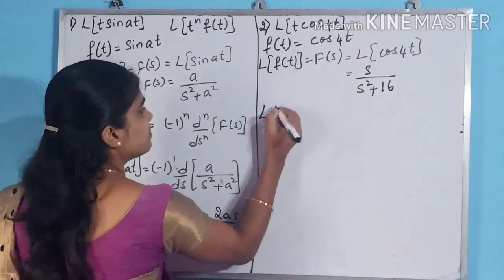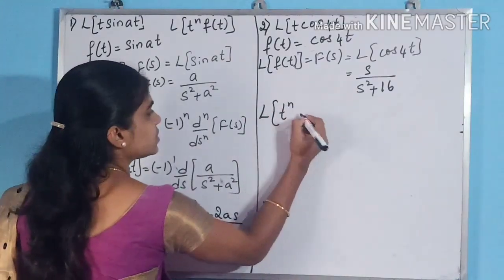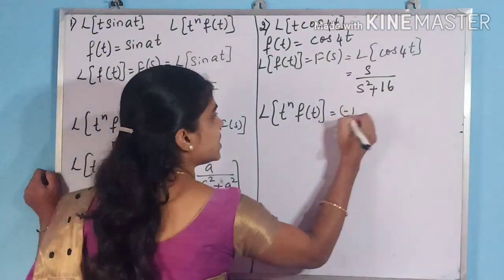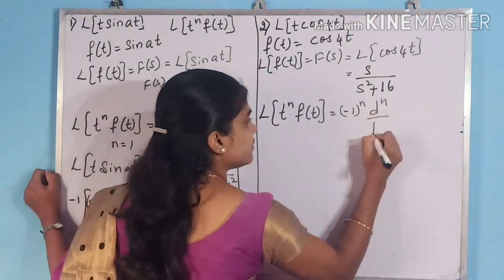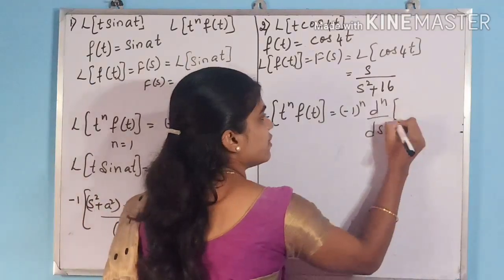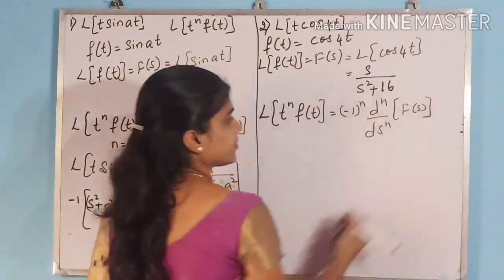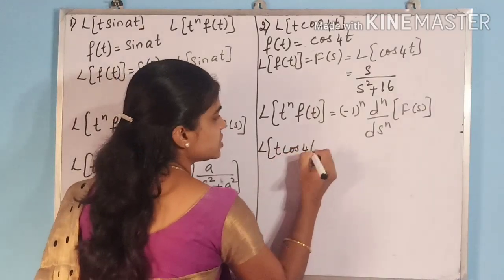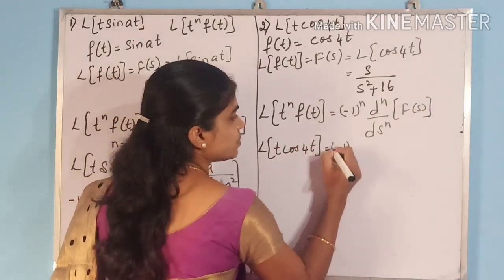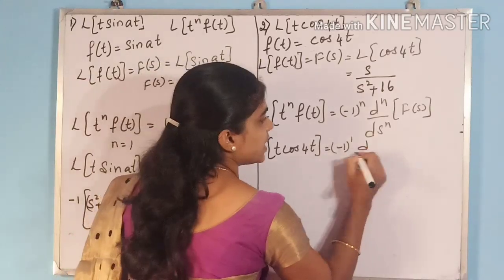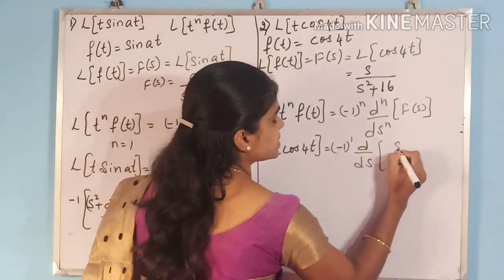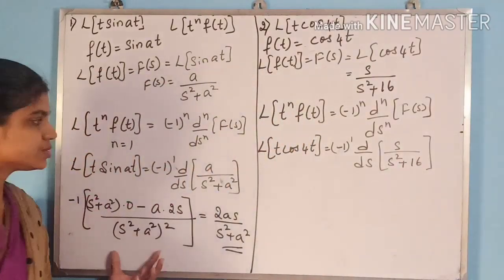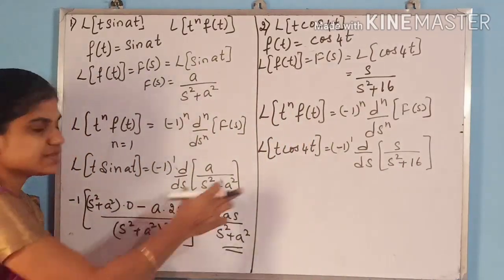So we have Laplace transform of t raised to n f of t is equal to minus 1 to the power n, nth derivative of f of s. So Laplace transform of t cos 4t is equal to minus 1 to the power 1, d by ds of s upon s square plus 16. So we are going to differentiate it in a similar manner.